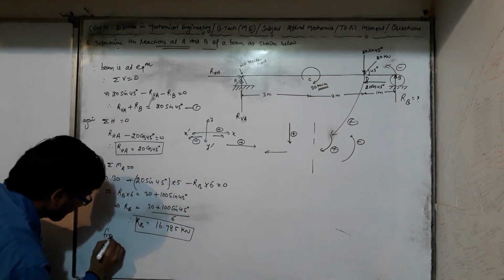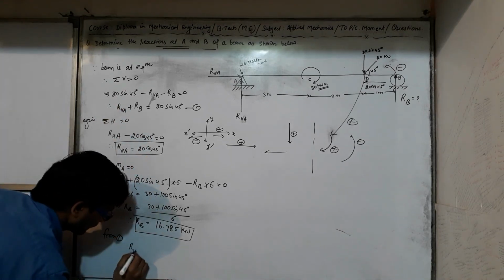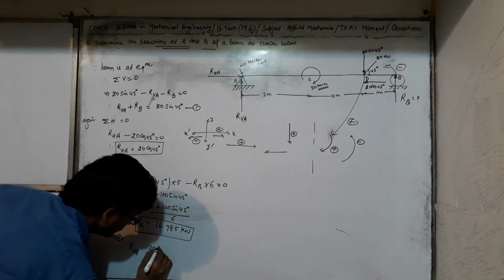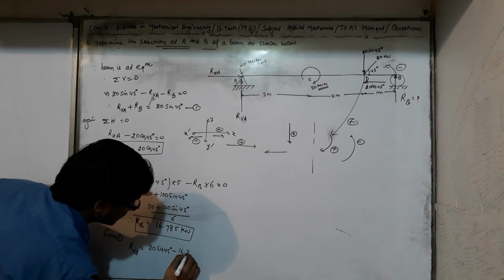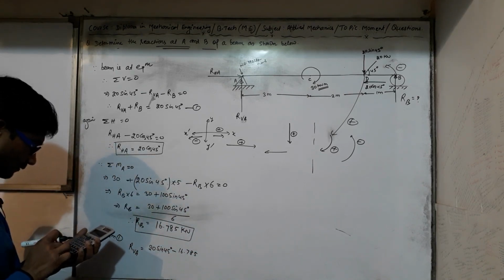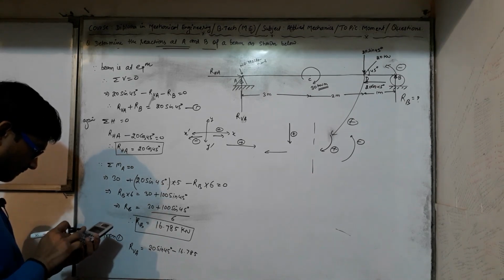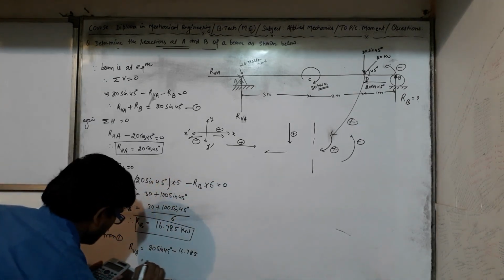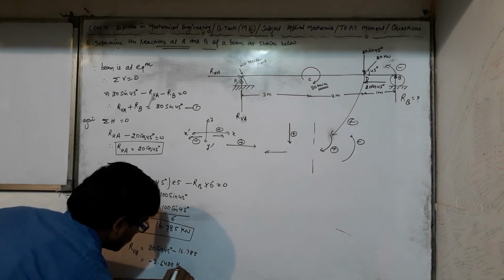So with the help of this value we can have, from equation 1, RVA equals 20 sin 45 minus 16.785, that is minus 2.6429 kilonewton.